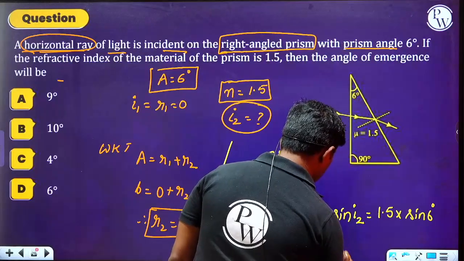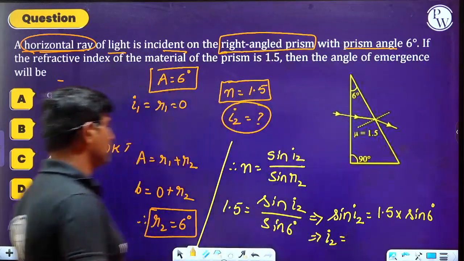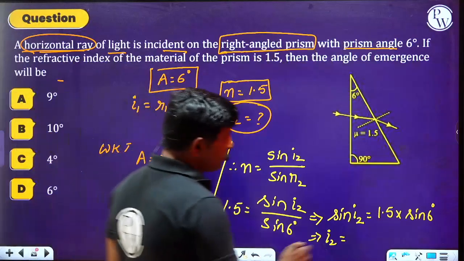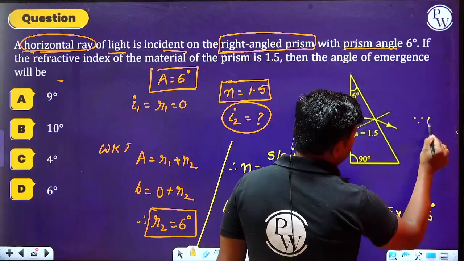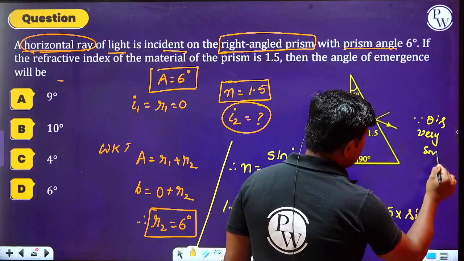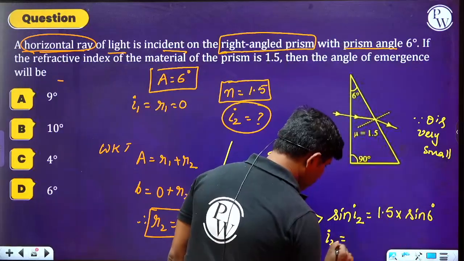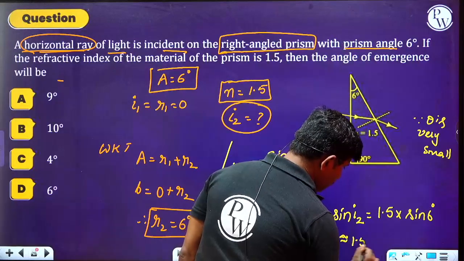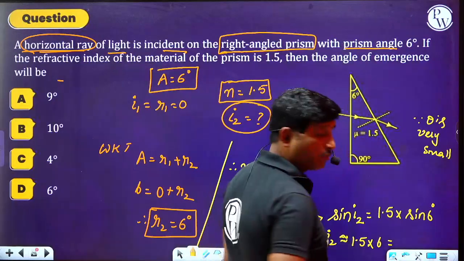Whenever we do the simplification, since the angle theta is very small, we can approximate I2 as approximately equal to 1.5 into 6.